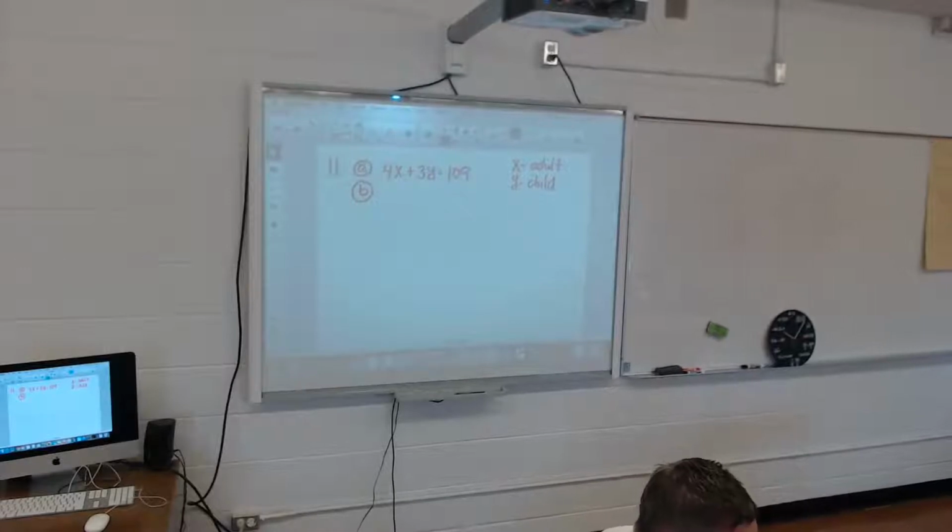If it costs $10 for an adult ticket and I sold 2 tickets, how much would it cost? 20. So you're taking the number of adults times the cost of the tickets, right? Yeah. Okay, so the cost of the ticket is X, and I have 2 adults. How do I find out how much it costs?